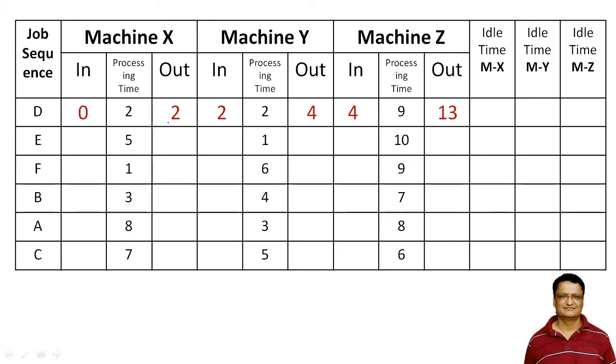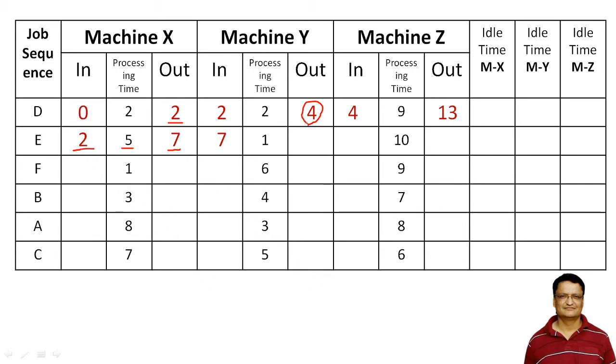Meanwhile, after these 2 hours, machine X will be available for the next job. So E can enter machine X at 2 hours. It will take another 5 hours, and by the 7th hour, it will be out of machine X. Now, this job E will enter machine Y at the 7th hour because my machine is available after the 4th hour only, right?